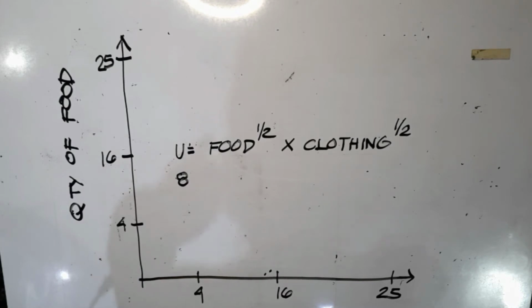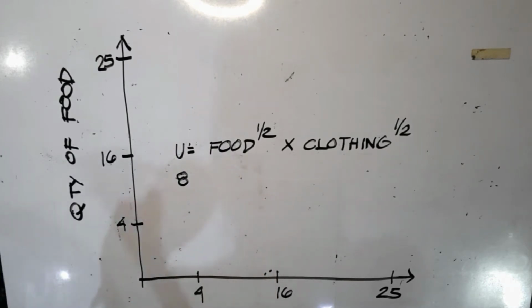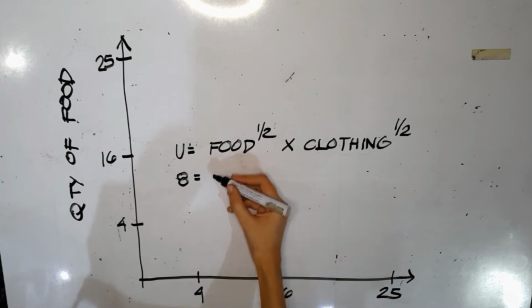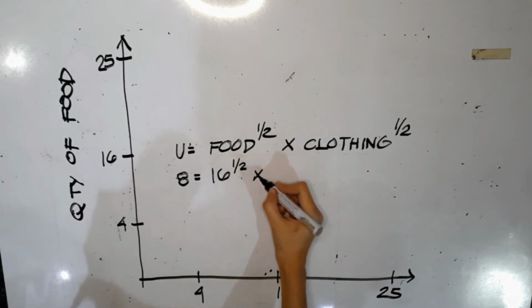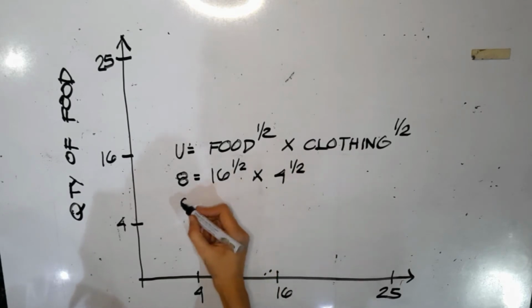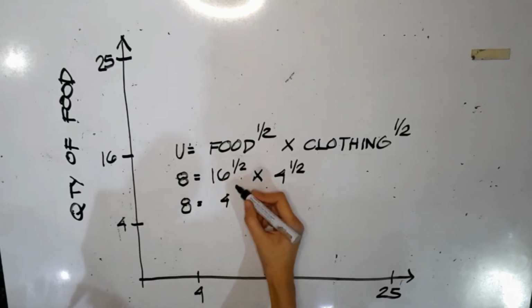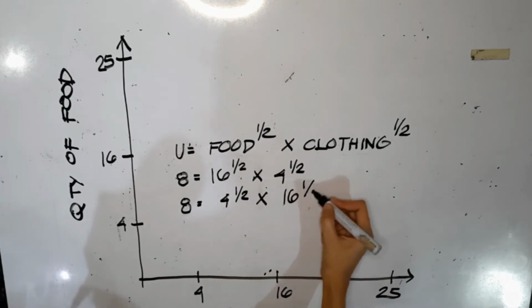So, let's plot this. What are the possibilities of getting a utility of 8? To get a utility of 8, that would mean you would get the combination of 16 food and 4 clothing, or 4 units of food and 16 units of clothing.